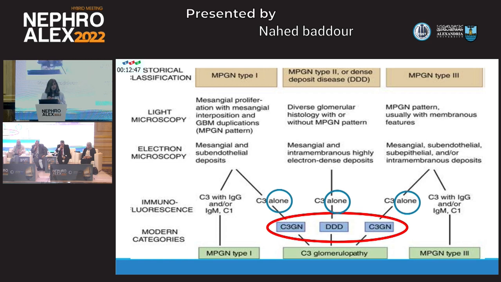So you can label a C3 glomerulonephritis in the presence of immune deposits, but there has to be a twofold difference in the density of the deposits, meaning that the immunoglobulins have to be 1+, and the C3 has to be 3+. So there has to be a twofold difference of magnitude in the deposits of C3 and the immunoglobulins to label an immunoglobulin-mediated GN with an underlying C3 abnormality.